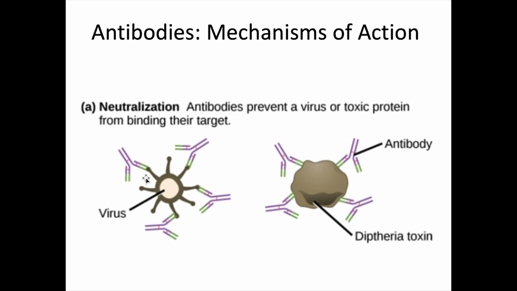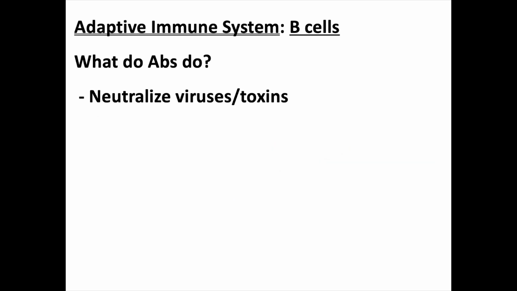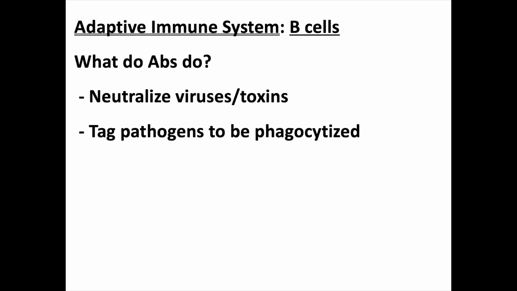It cannot attach to the surface of a potential host if it's coated with antibodies. Similarly, toxins like this diphtheria toxin, they also can't do their thing, whatever it is, if they're coated with antibodies. So having a bunch of antibodies against a specific threat helps neutralize these things.